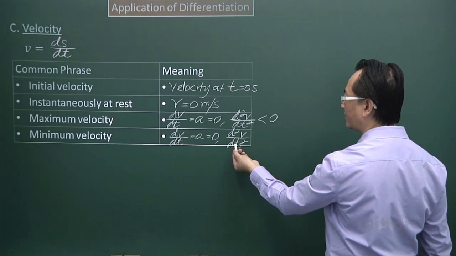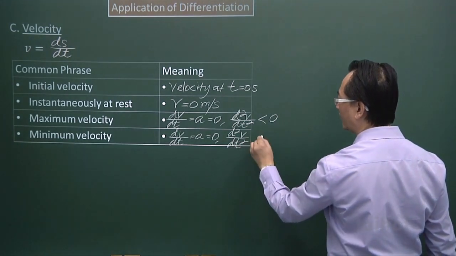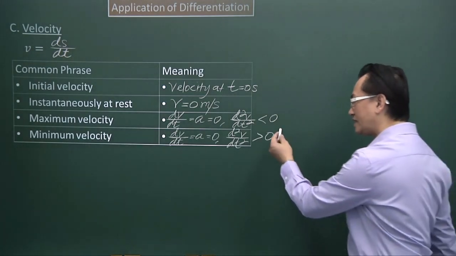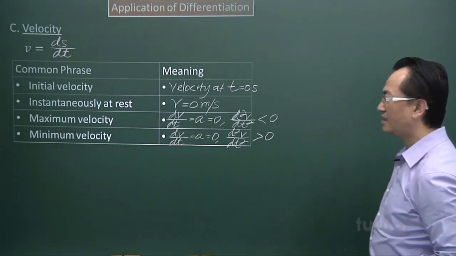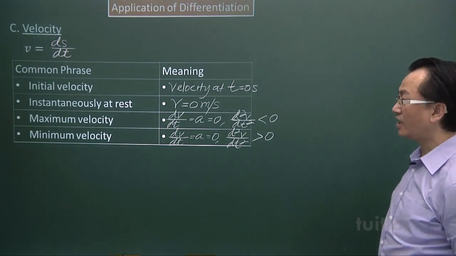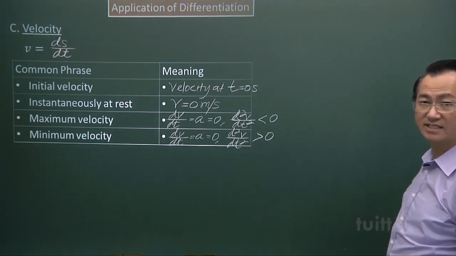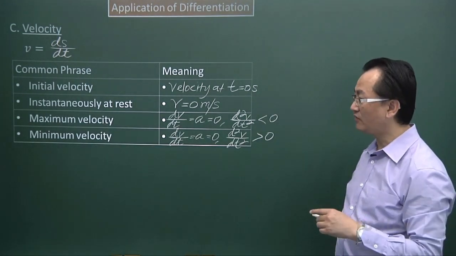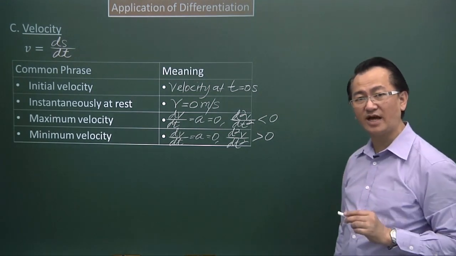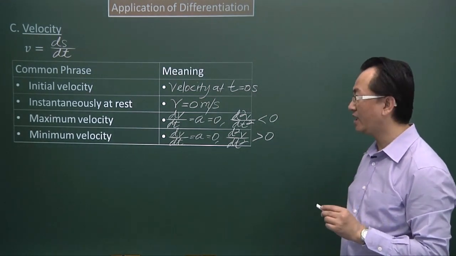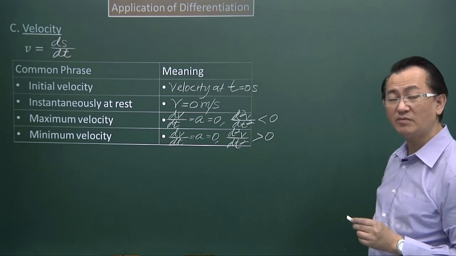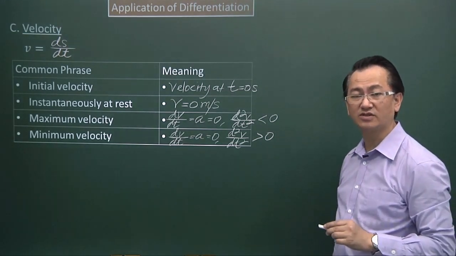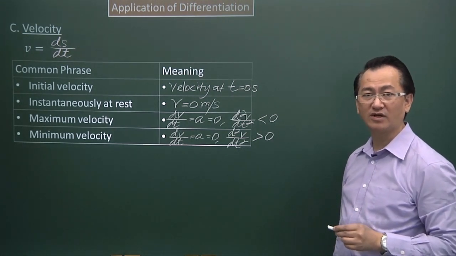So the second derivative of the velocity should be greater than 0. So when we see this, then we would have a minimum velocity at a certain instant. So if we are to find the minimum velocity, then we take the t value, the instant where the particle will experience minimum velocity, put that t value into the velocity function, then we have the minimum velocity.